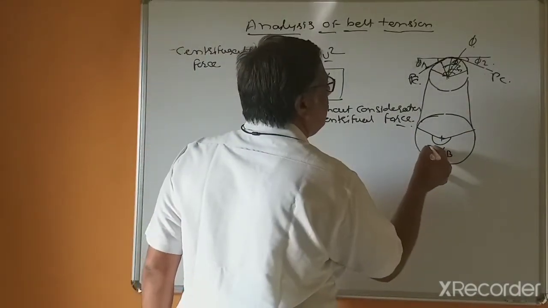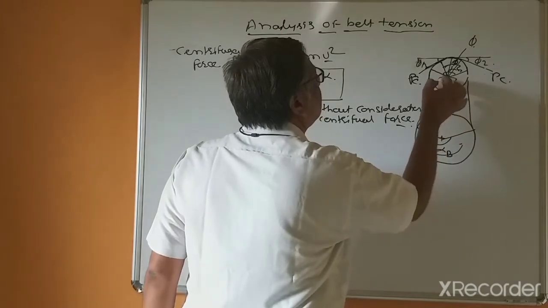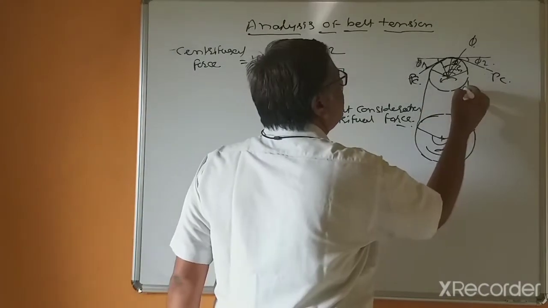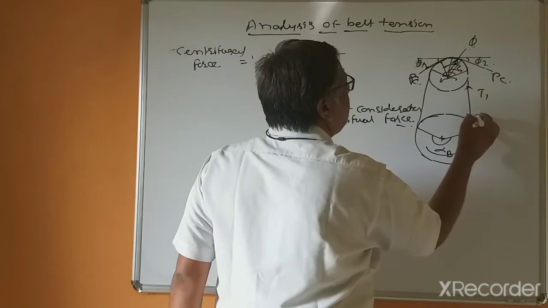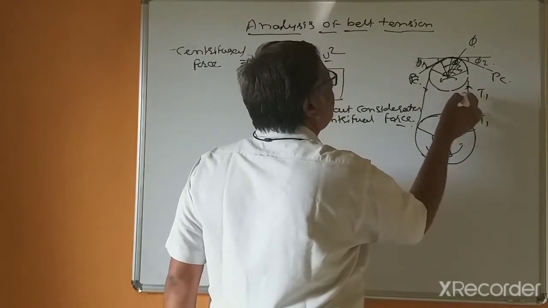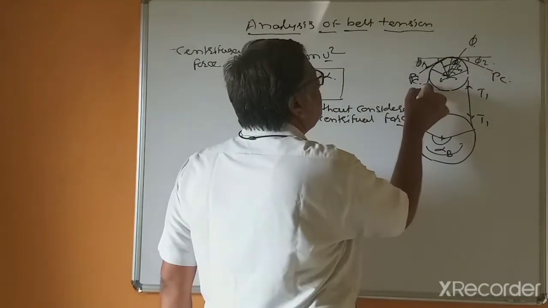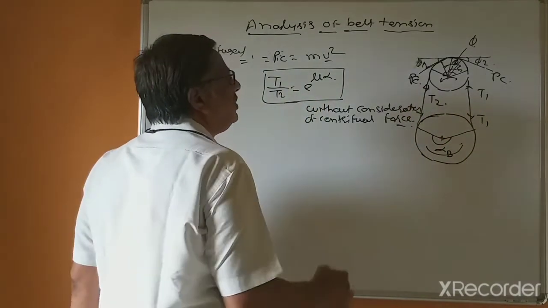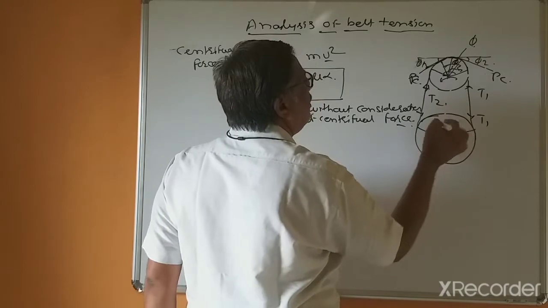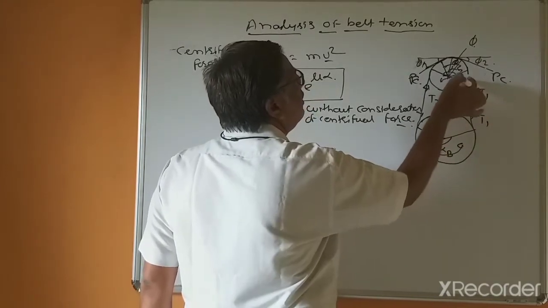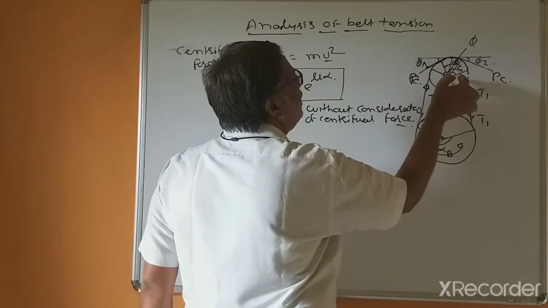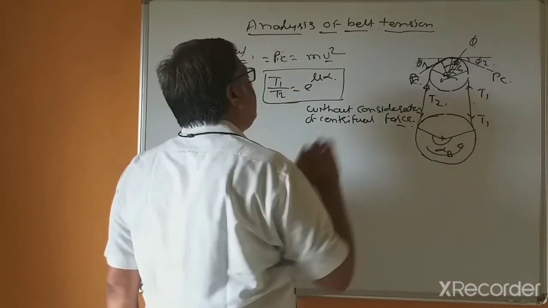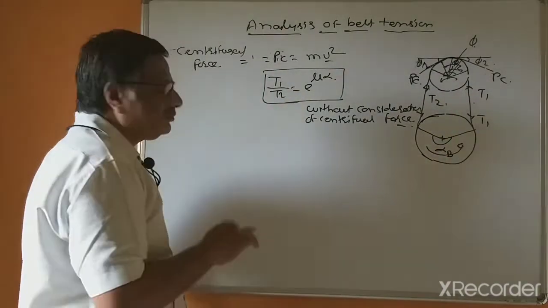Suppose this is rotating like this, then this side is T1 and this is the pickup side, and this is the releasing side, so this is T2. Try to understand why this is T1: because this side is the pickup during running, it is the tension side, and this is the slack side.